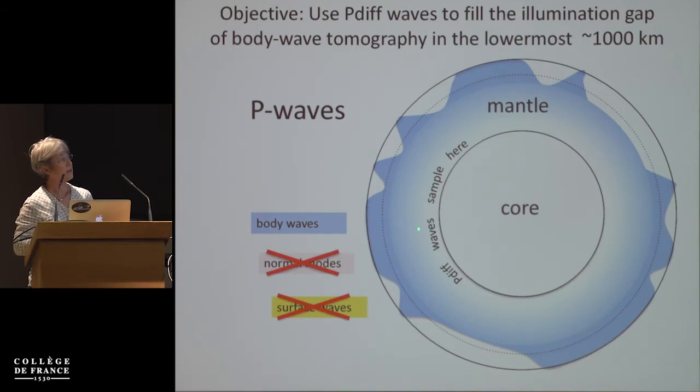However, it's not that we have very high resolution with S models either, because S diffracted waves aren't used abundantly either. They are used, but you do have normal modes which would sample absolutely everywhere, but at very long wavelengths.